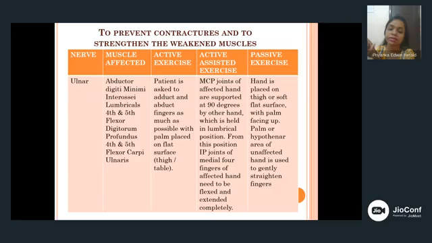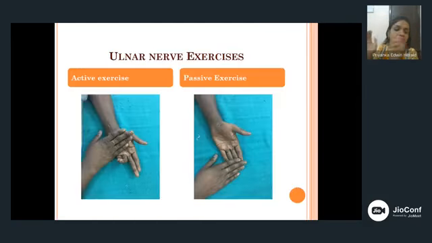This is called the active assisted exercise for the ulnar nerve. And for passive exercise, the hand is placed on a flat surface with palm facing upward. The palm or thenar area of the unaffected hand is used gently to straighten the fingers out. You can see these exercises in this slide. First slide shows the active exercise, and second the passive exercise for ulnar nerve muscles.